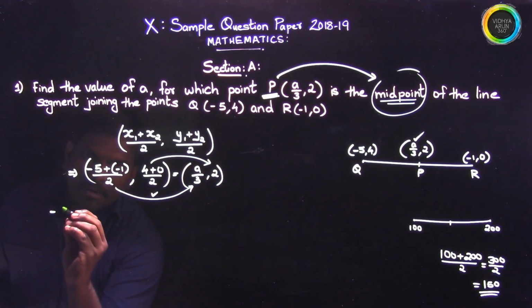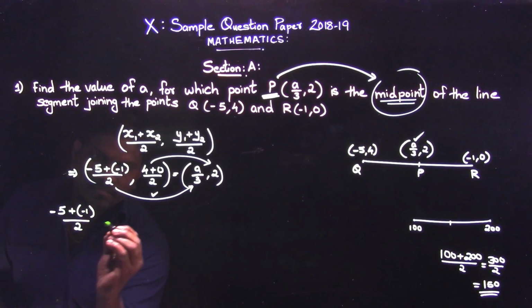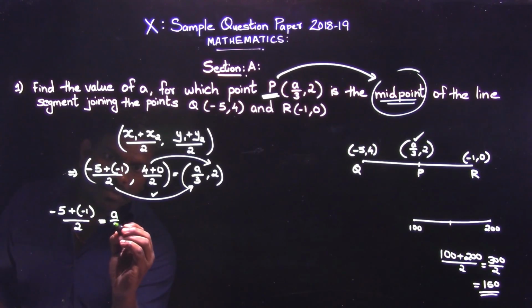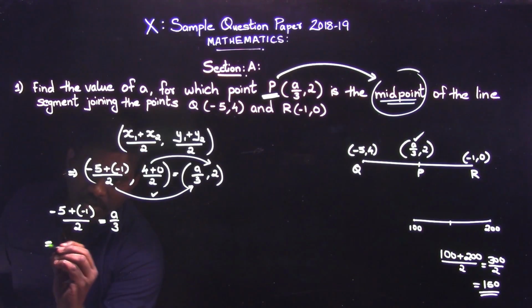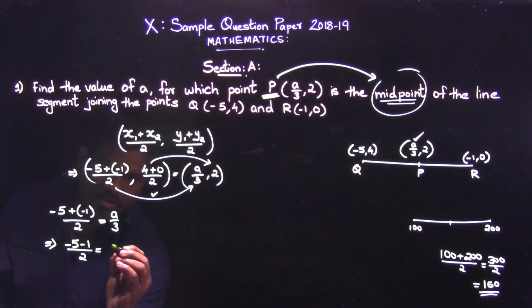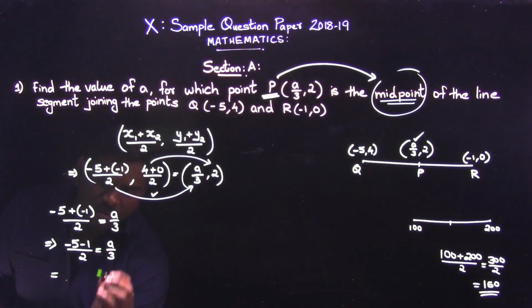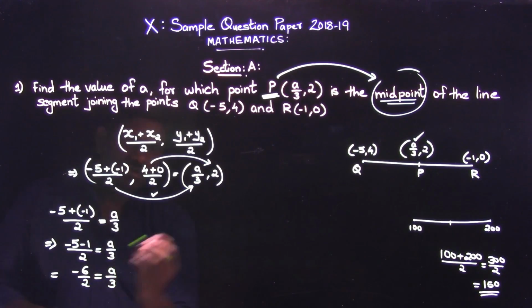So it will be minus 5 plus minus 1 by 2 is equal to a by 3, which implies minus 5 minus 1 by 2 is equal to a by 3. Fine. Now you know that minus 5 minus 1 is minus 6 by 2 is equal to a by 3.